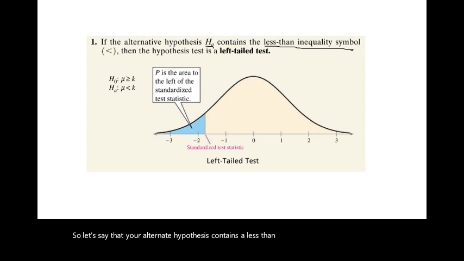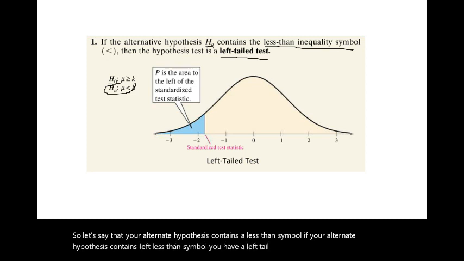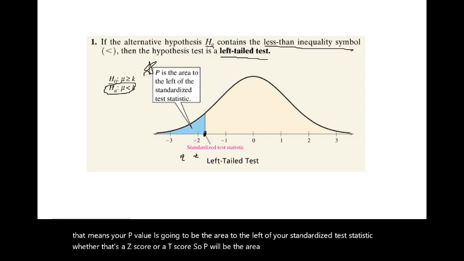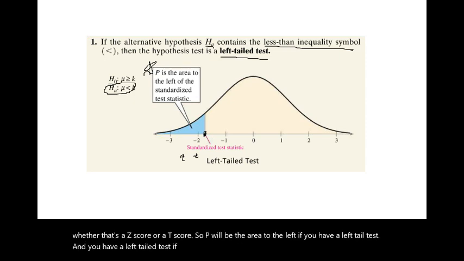Then you have a left tail test. And if you have a left tail test, that means your p-value is going to be the area to the left of your standardized test statistic, whether that's a z-score or a t-score. So P will be the area to the left if you have a left tail test, and you have a left tail test if your alternate hypothesis contains a less than symbol.